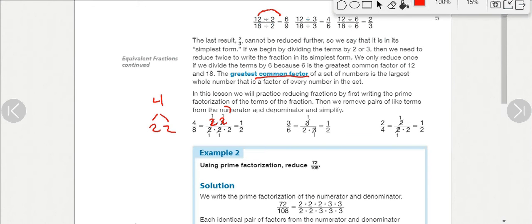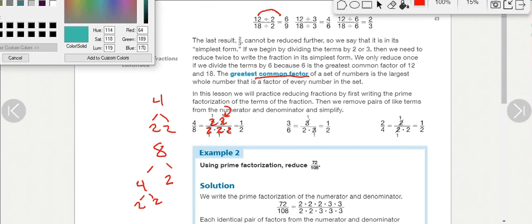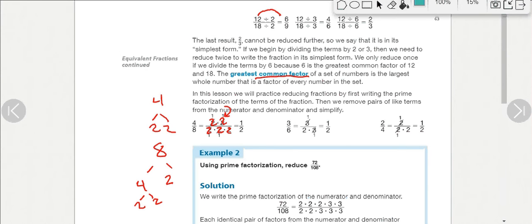So we write 2 times 2 here. 8 is 2 times 2 times 2. So we can write that here. And then you can do this, I'm going to use a different color. You can do this sort of crossing out, canceling. Cancel out 2's that are on top and bottom of each other. Cancel out pairs, leaving you with just the 1 on top and the 2 on the bottom.